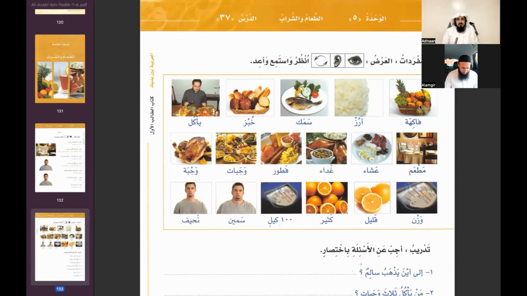Bread. يأكل is a verb. What's he doing? What's he about to do? He's just starting his food. Maybe يأكل means eating. He's eating. Okay, right. Next.